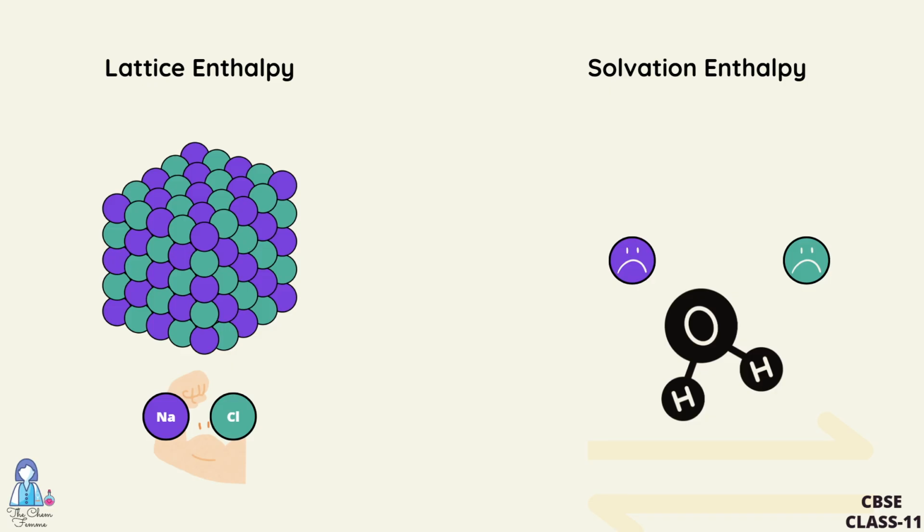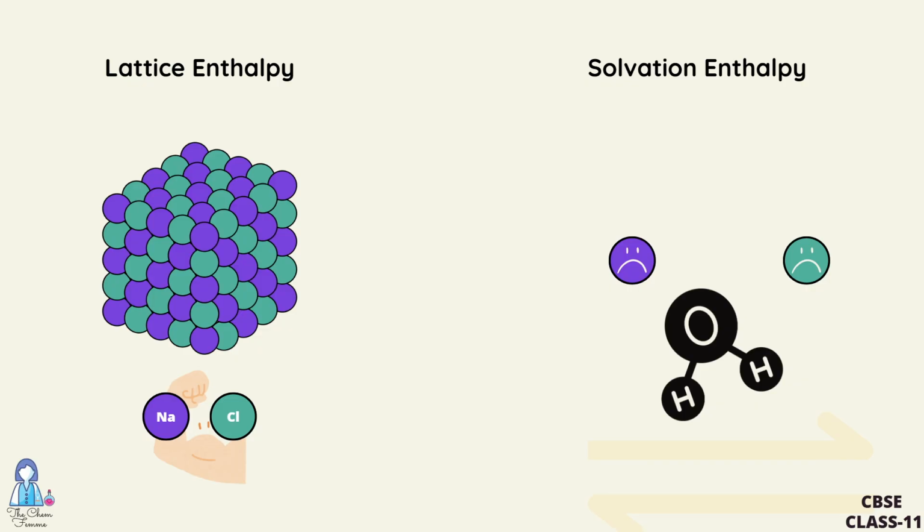When they get to the gaseous state and the ions are far enough away from each other, the energy it took to break it is the lattice enthalpy. All you need to know is that the lattice enthalpy gives us the measure of the strength of the forces between the ions in an ionic solid. The more the lattice enthalpy, the stronger the force.